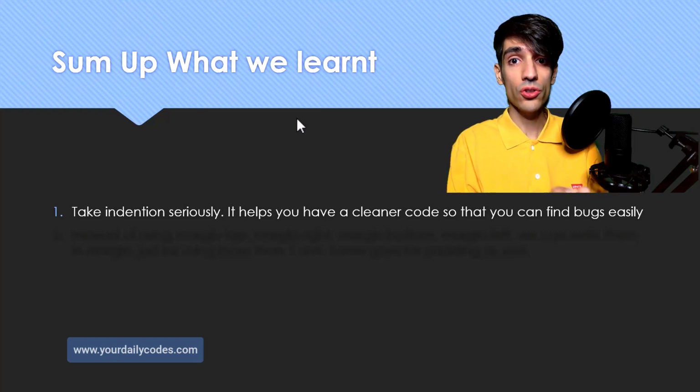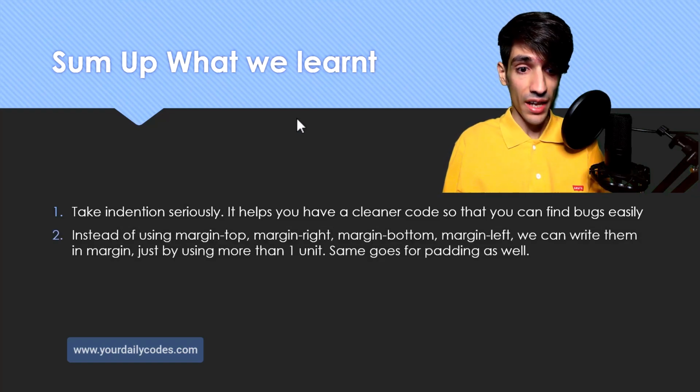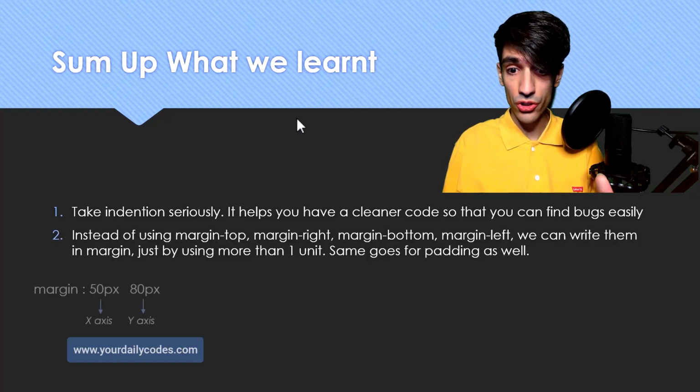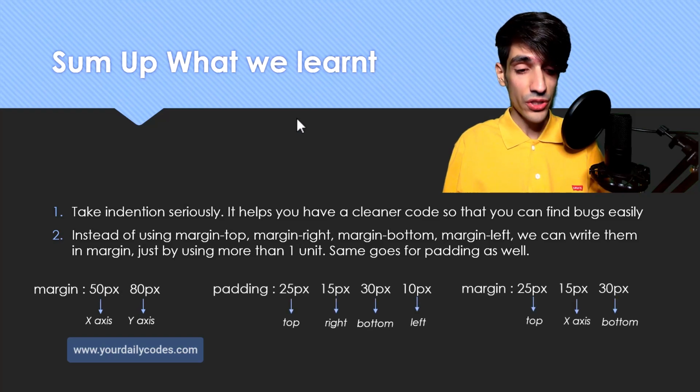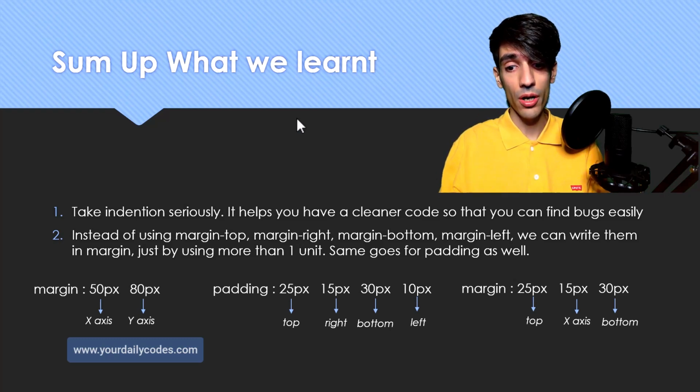So always write clean code, always have proper indentation, so that you can see these errors so easily. And the other thing was about this margin right and margin left. We saw margin with 2 units, and we saw margin or padding, it doesn't make a difference, with 4 units, which was top, right, bottom, left.